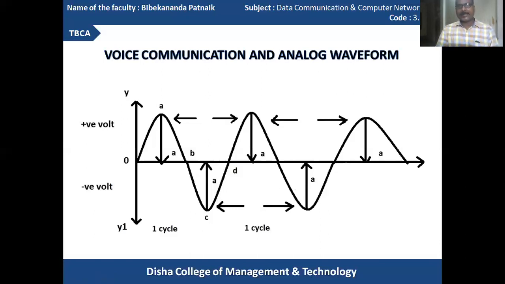The second phase, that is A to B here in the diagram, is called the 180-degree cycle range. The third phase, that is B to C, again falls down, it is 0 to negative. This particular part, B to C, is 270 degrees of the cycle. And the last phase, that is C to D, has 360 degrees or 0 degree of the cycle.